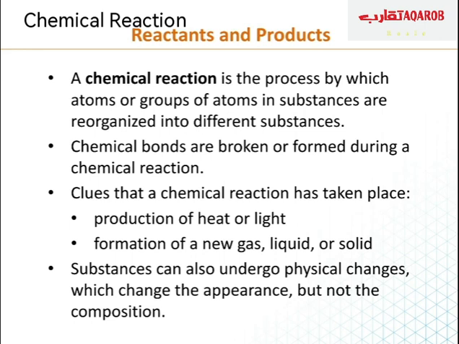Substances can also undergo physical changes, which change the appearance but not the composition. For the chemical reaction, you have to know that something will be changed during the reaction that changes the reactants into a product. There are many clues for the chemical reaction, like heat or light and change in the formation.